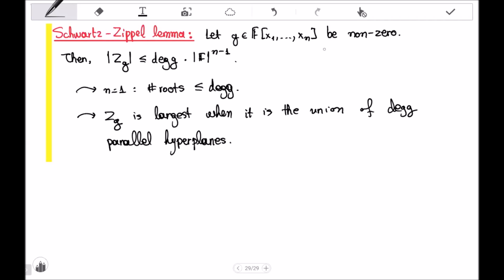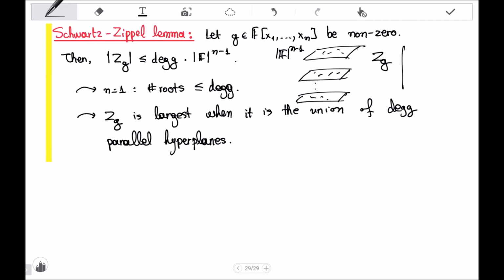So here is a worst case scenario where the zero set is here. Each of these is a hyperplane inside F to the n, so the size is F to the n minus 1.